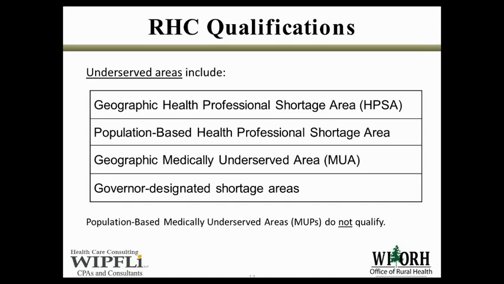The MUA designation is a little bit older than the HPSA designation. It is not used as frequently by federal programs as the HPSA designation, but it still is a shortage area indicator that could qualify a particular geographic area that is eligible for RHC development.